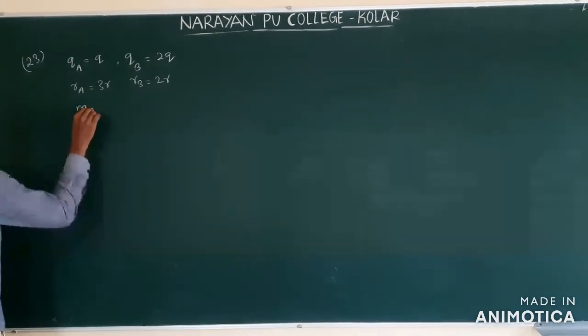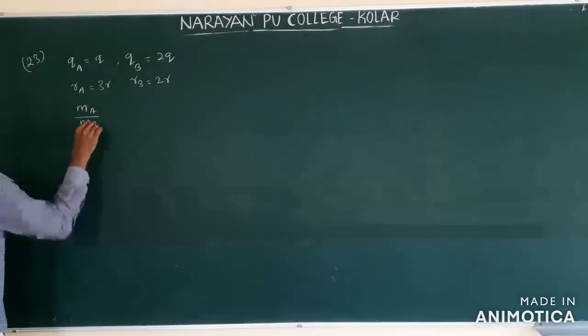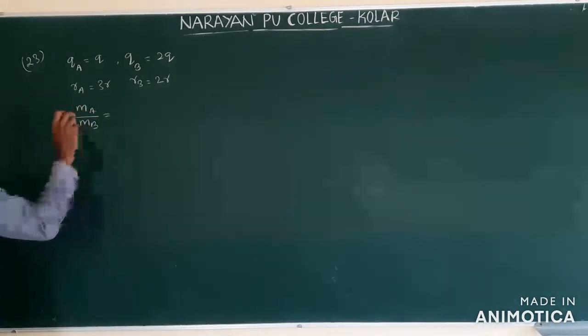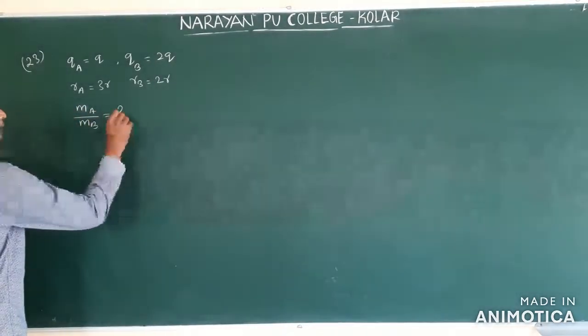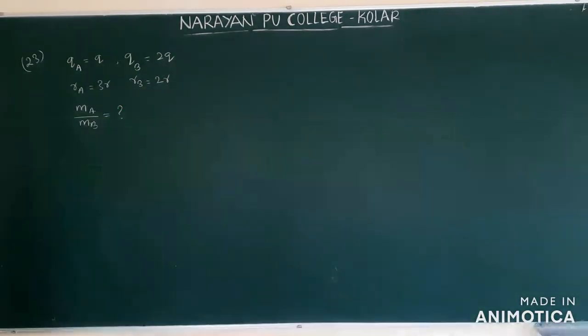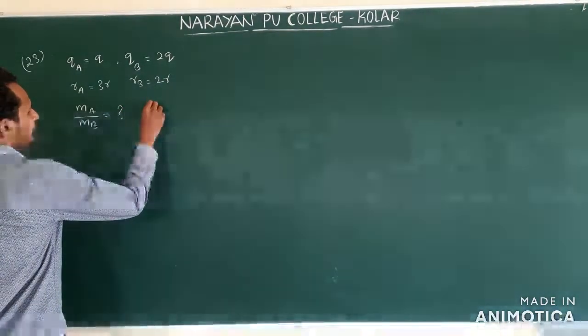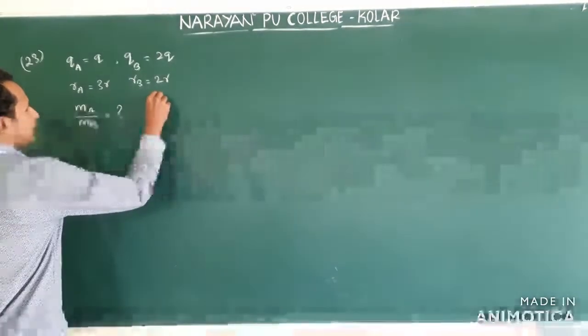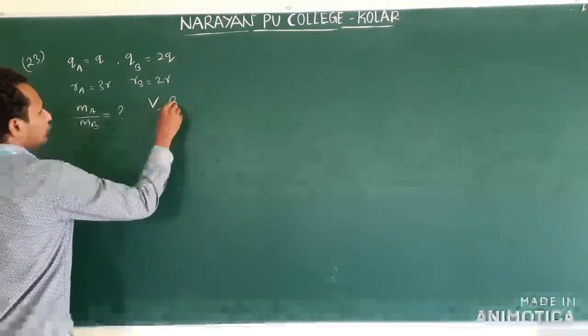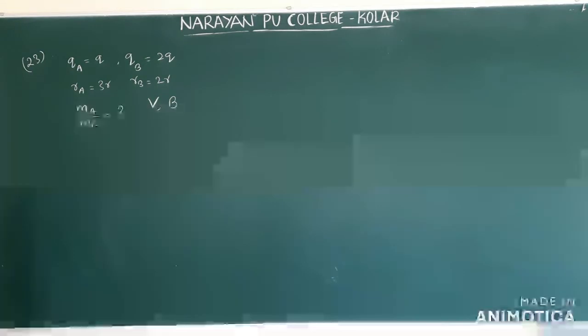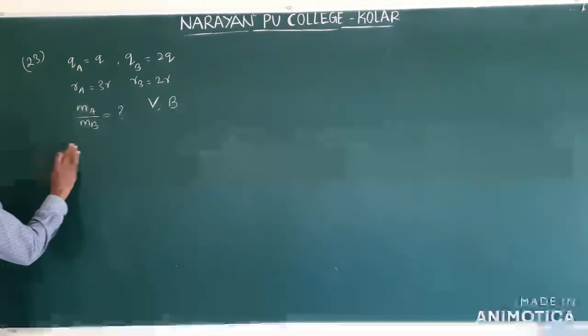They ask for the ratio of their masses. And in the information given, they are accelerated through the same potential difference V and enter into the same magnetic field. Clear? So we have an equation. What is that?